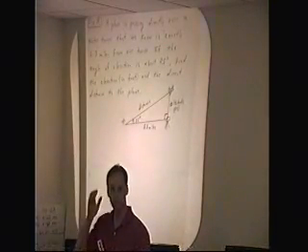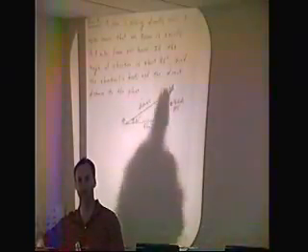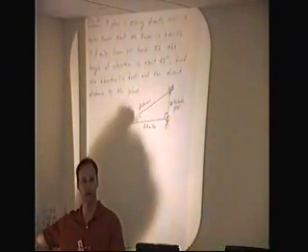Got all that? So what I need is, if I had a triangle that was 25 degrees and 90 degrees, it would be similar to this one. Do y'all follow what I mean?